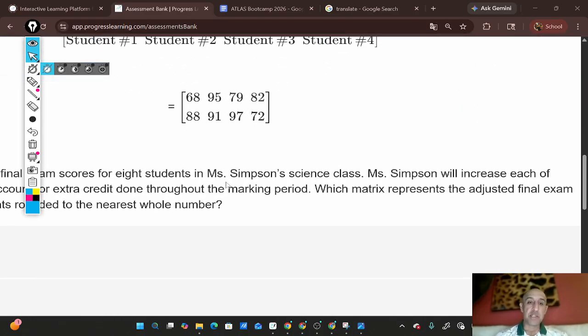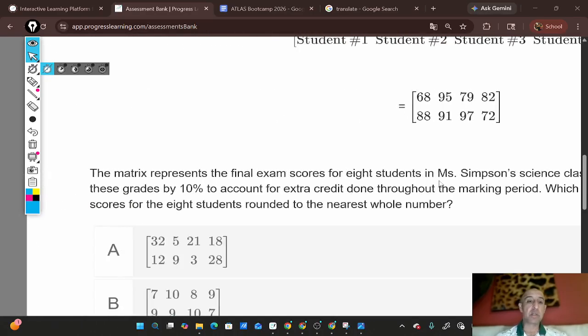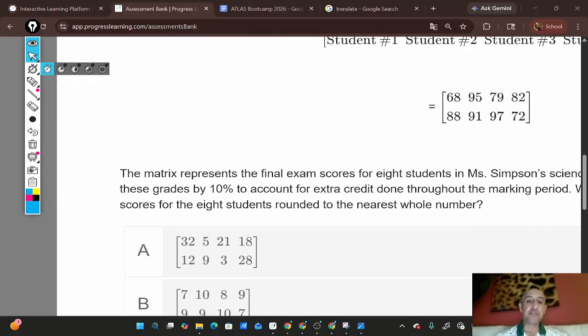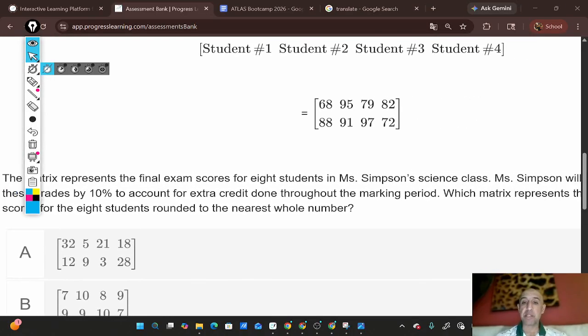Okay, those students are in Miss Simpson's science class, and Miss Simpson will increase each of these grades by 10% to account for extra credit done throughout the marking period.